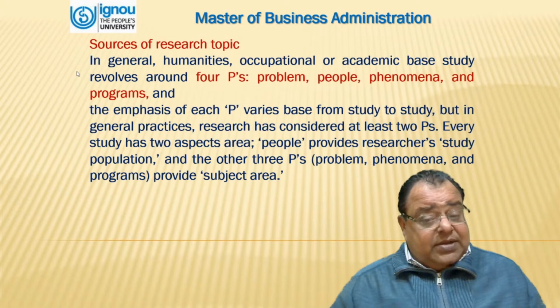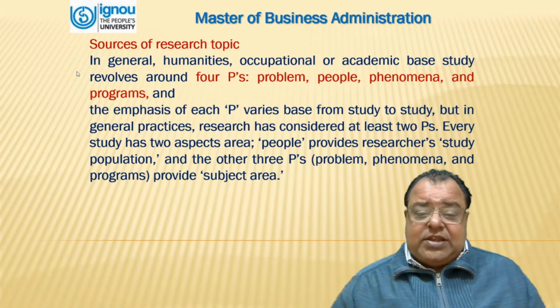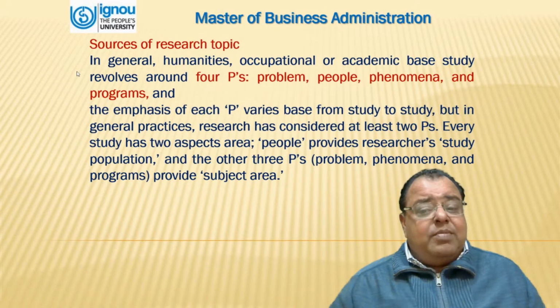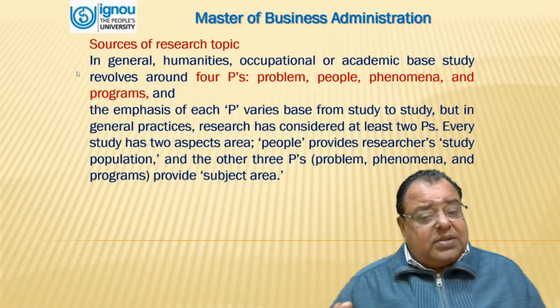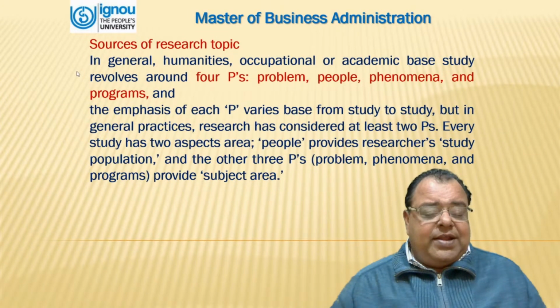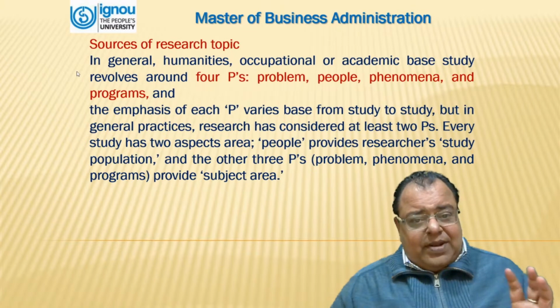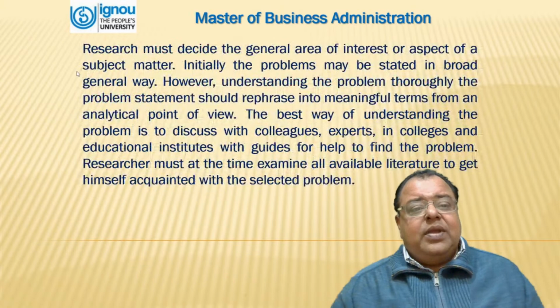But in general practice, research considers at least two P's. Every study has two aspects. People provide the researcher's study population, and the other three P's, problem, phenomena, and program, provide the subject area. So it is very simple to select a topic.